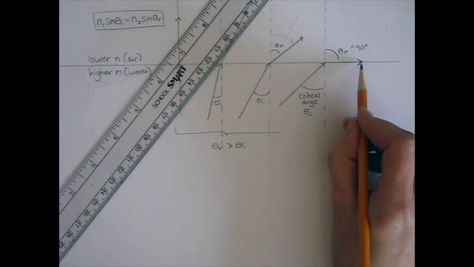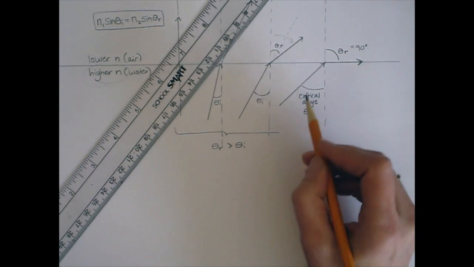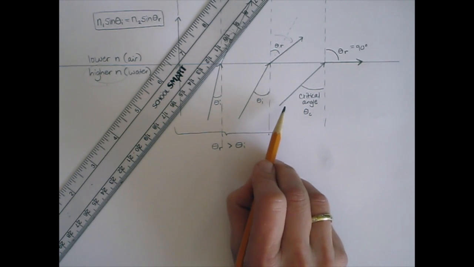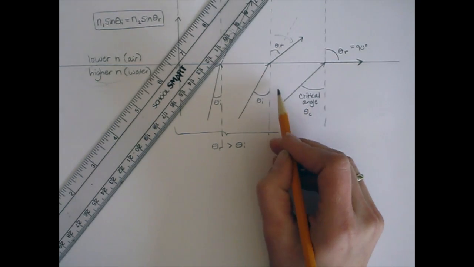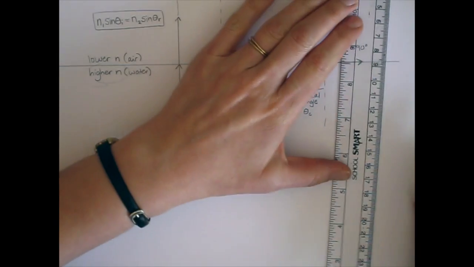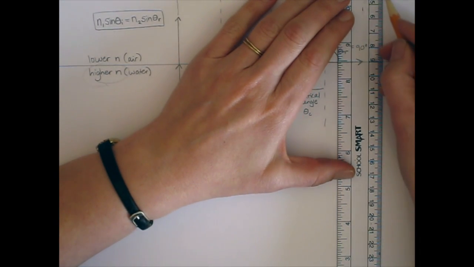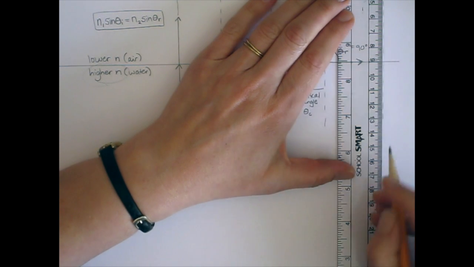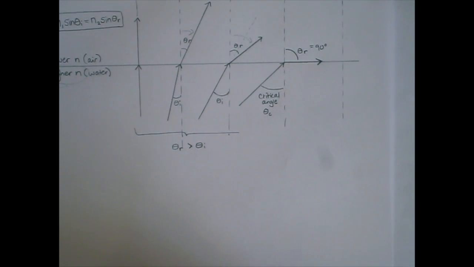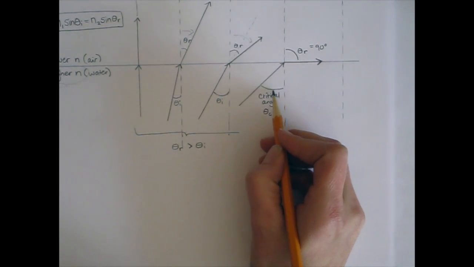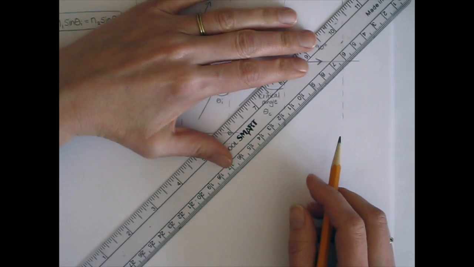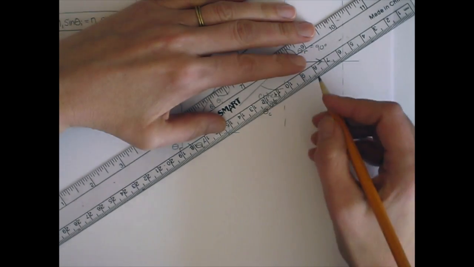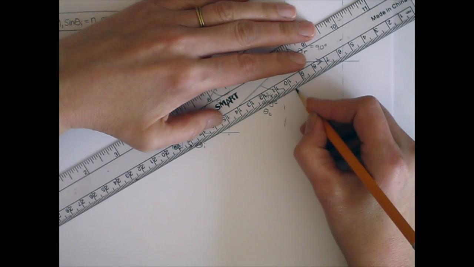The reason this is such a special angle is because if you now try to send a light ray in at an angle that is larger than the critical angle, and I'm going to draw that over here, here's an incident angle that is larger.